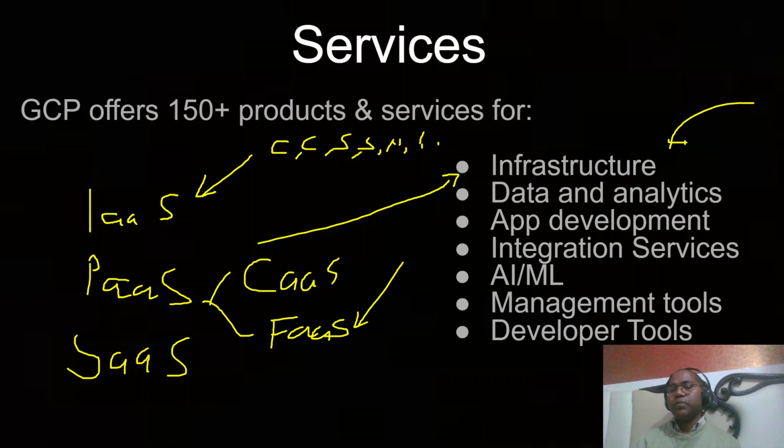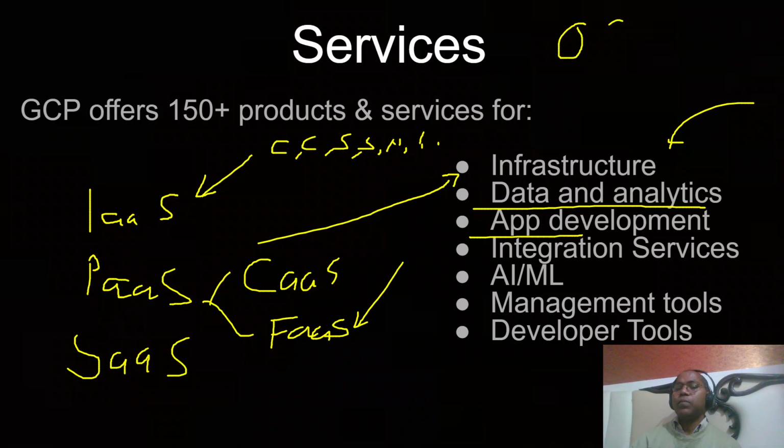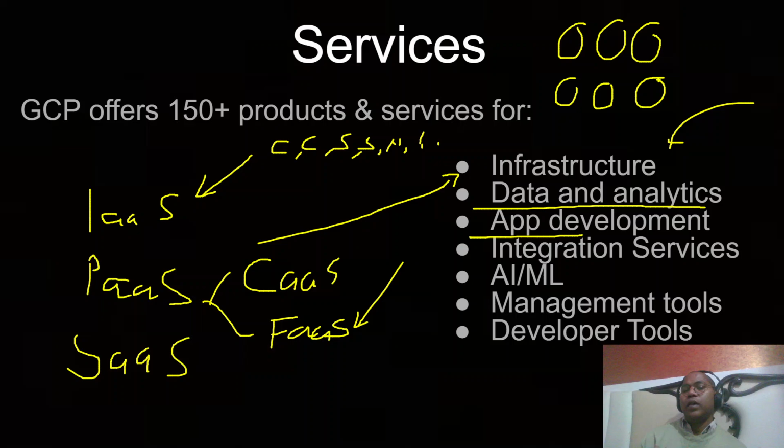Similarly, nowadays for data analytics, for analyzing and storing data, GCP offers lots of services. And for app development, for building, deploying and running applications, maintaining versions, load balancing, distribution, all the application development related infrastructure you need, platform as a service, GCP offers.